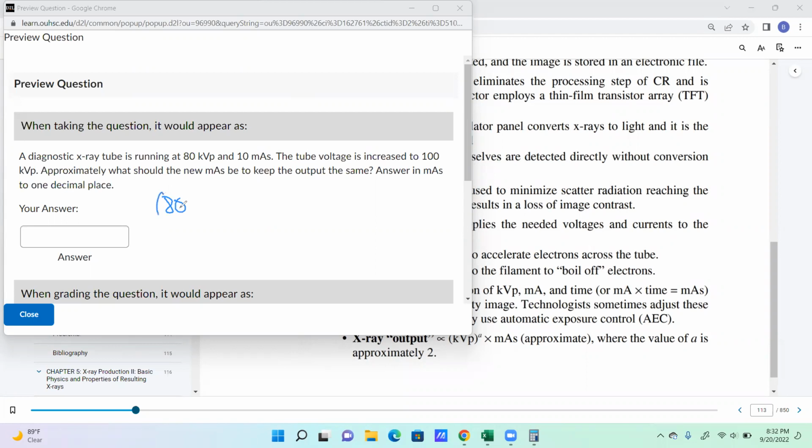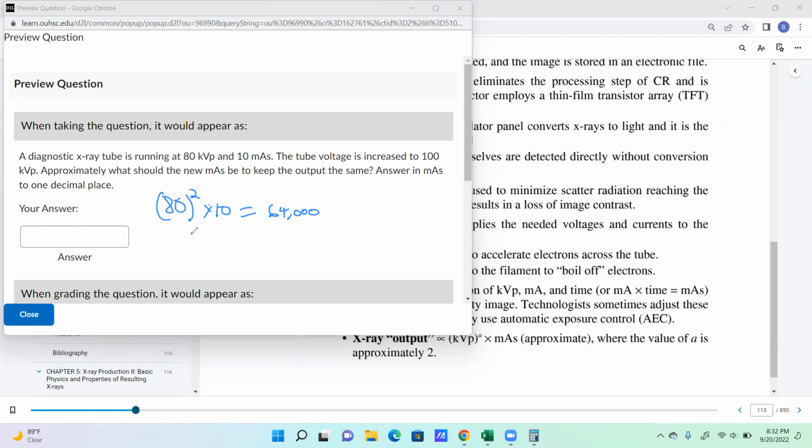That's the 80 kVp squared. So we take that and we square it and multiply it by 10. That result, 80 squared, should be 6,400 multiplied by 10, which ends up being 64,000. Now, this is kVp squared times MAS.